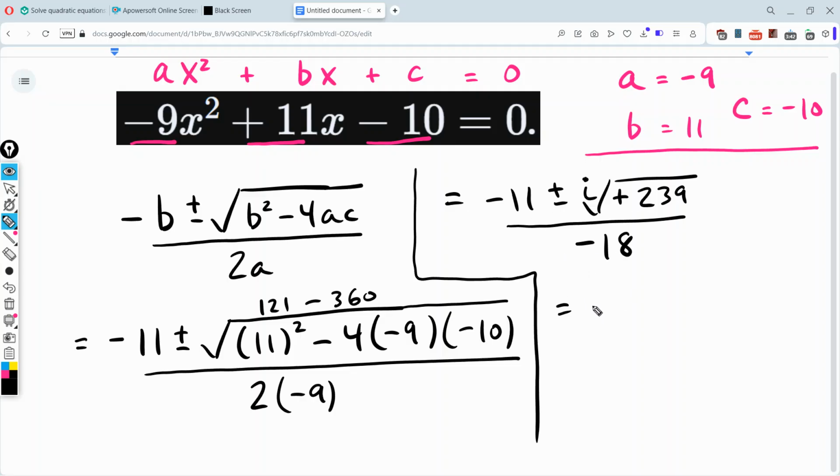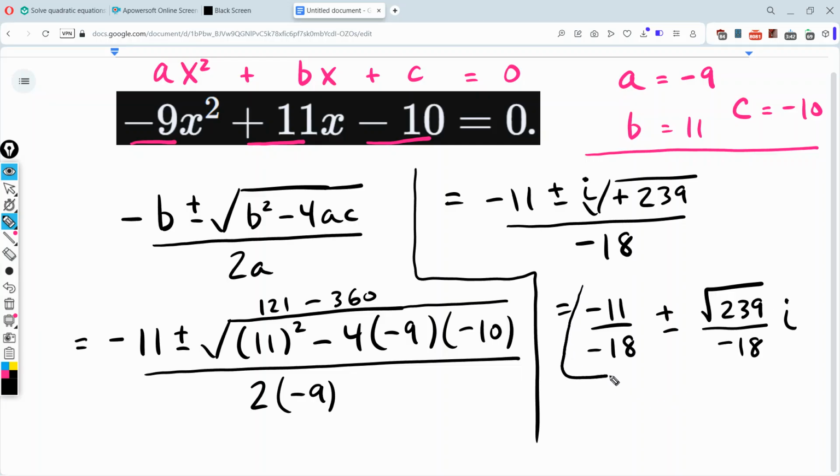So we have negative 11 over negative 18, plus minus radical 239 over negative 18. And this time I will remember the I. Instead of putting it here, I'm just going to put it out front. Okay, if it's in the numerator or if it's out front, that's the same thing. So this should be the answer.